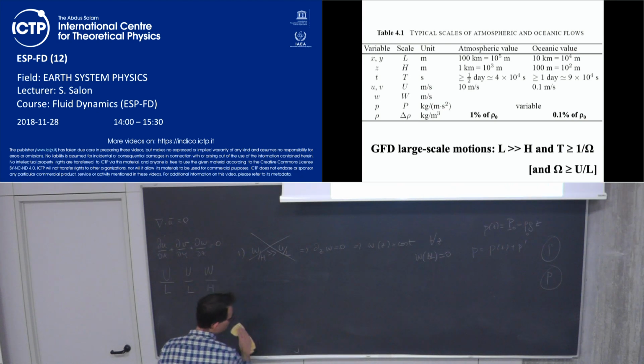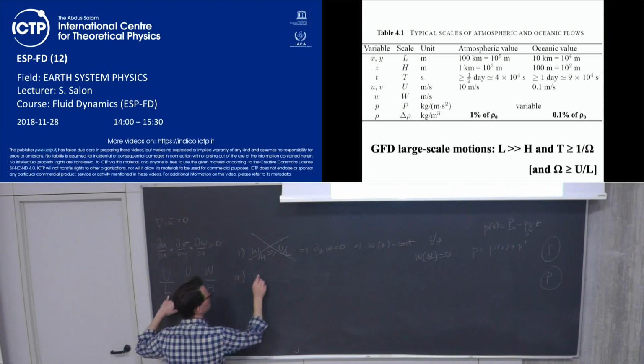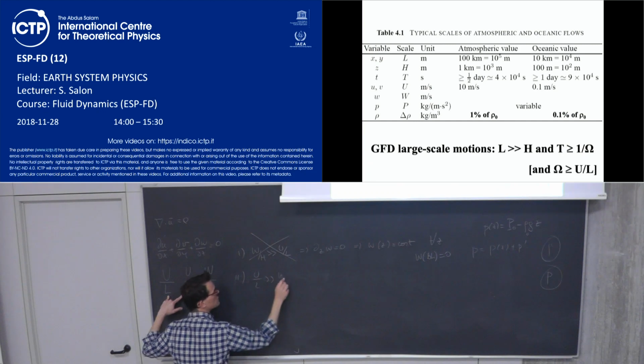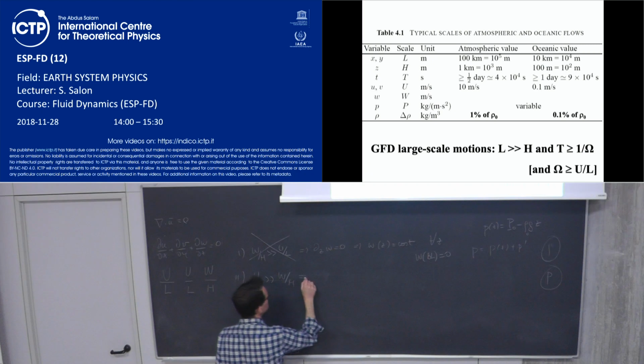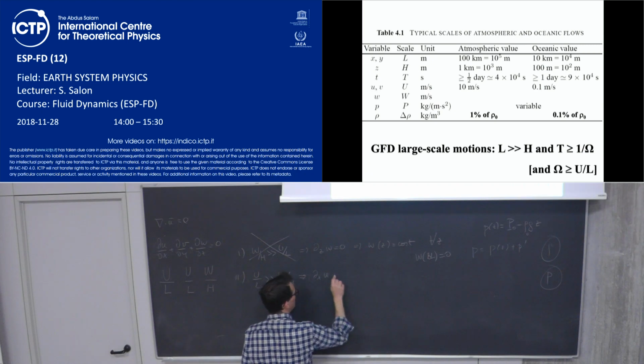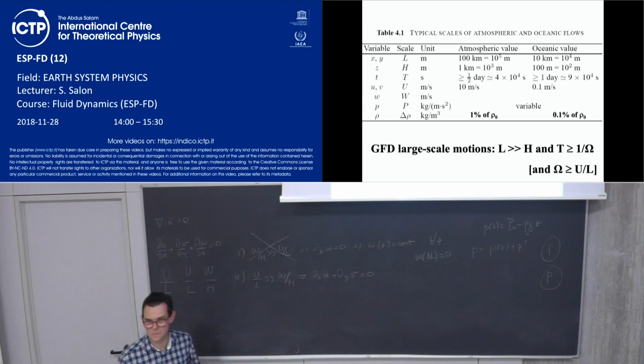What about the other two possibilities? The other two possibilities are that the horizontal divergence or convergence is much larger than the vertical ones. So it means that we will have a balance based on this one. Any problem with that? No, exactly.